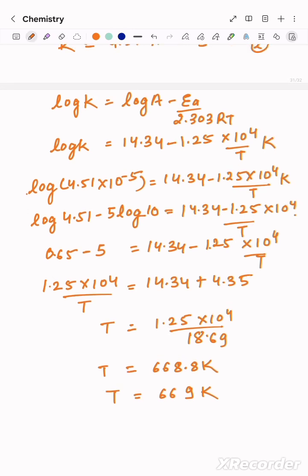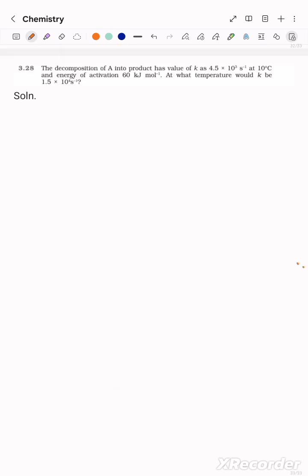Now moving towards the next question. The question says the decomposition of A into product has value of K as 4.5 multiplied by 10 to the power 3 per second at 10 degrees Celsius and energy of activation 60 kilojoule per mole.